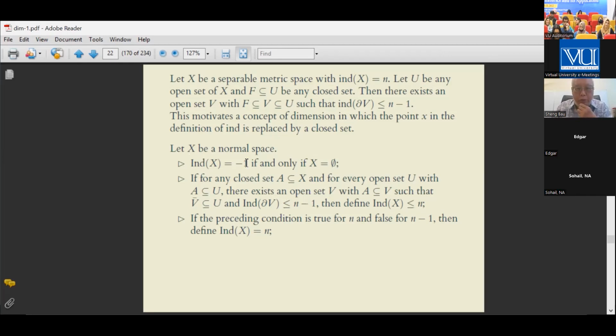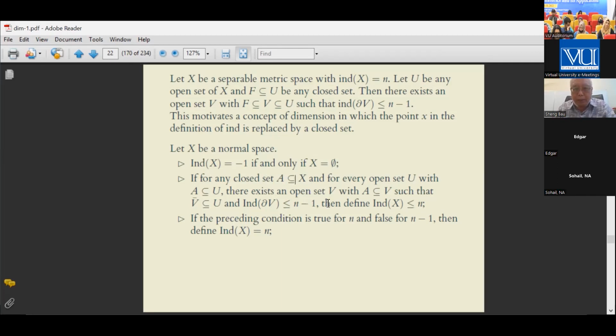The initial clause states that the negative dimension of -1 is attained exactly by the empty space. This is an agreement, not a statement that is to be proved. We agree that dimension is -1 if and only if the space is empty, just like in the lowercase. And the inductive clause is similarly stated as in the lowercase, but now we have a closed set instead.